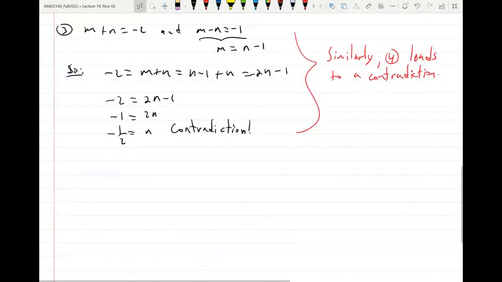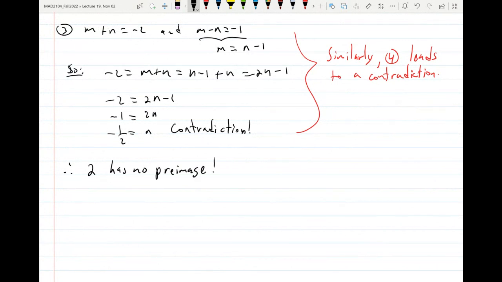So the conclusion is that 2 cannot be written as a difference of 2 squares, therefore 2 has no pre-image, therefore our function is not onto, is not surjective, because there is an integer that doesn't have a pre-image. There's no arrow going to 2, if you think about the arrow diagram. Okay? So therefore 2 has no pre-image. Okay? Hence f is not surjective.